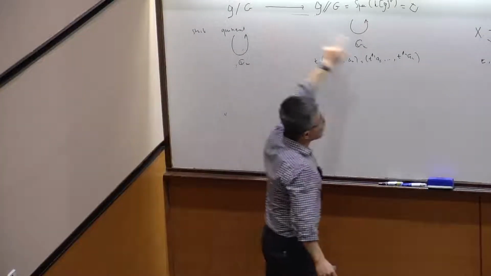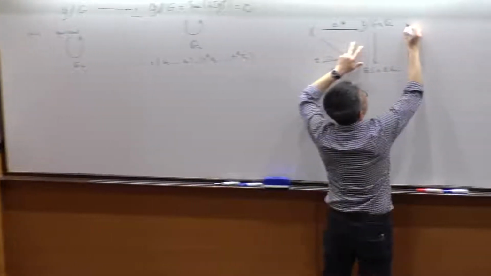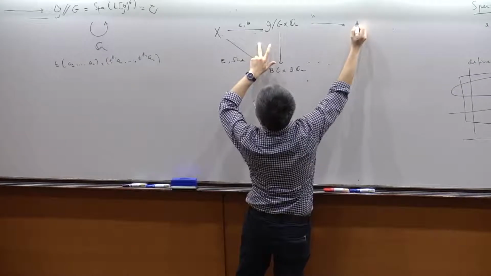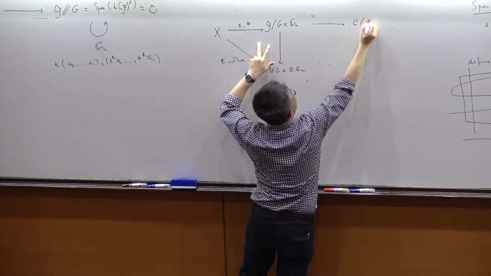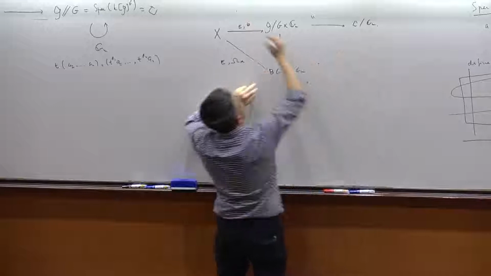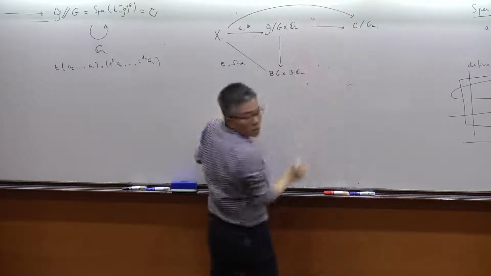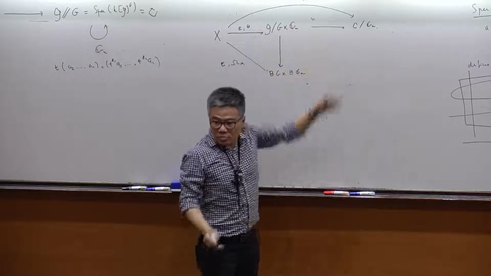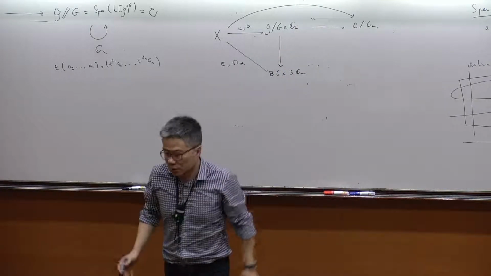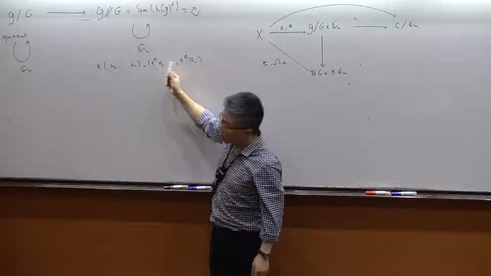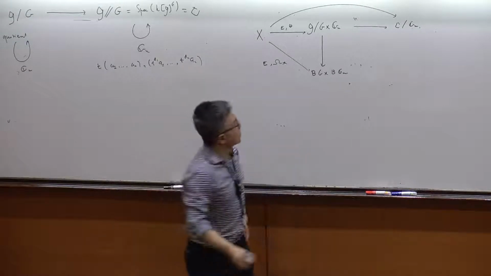Now, because of this, you can compose this into C mod Gm, and this is the A. So this map is just a space of symmetric differentials, and the degree is given by d1, d2, ..., dn.